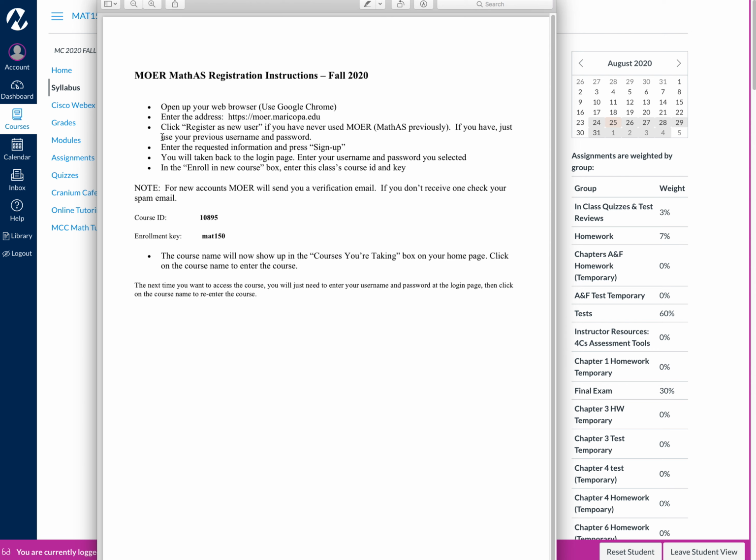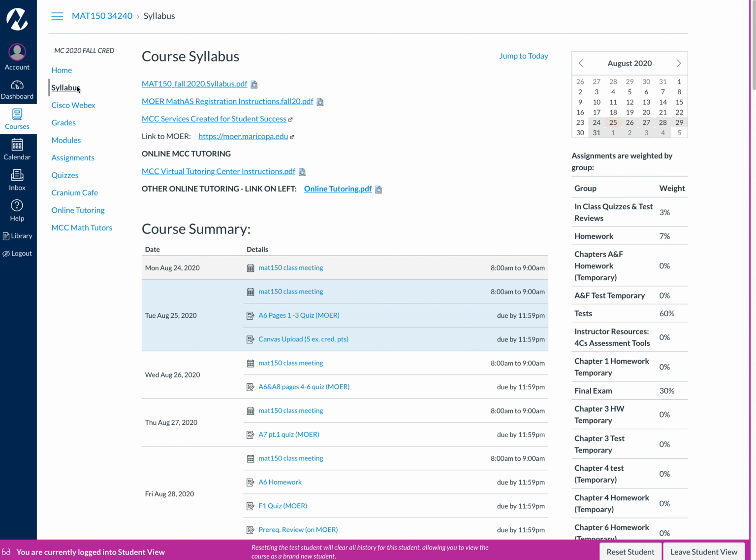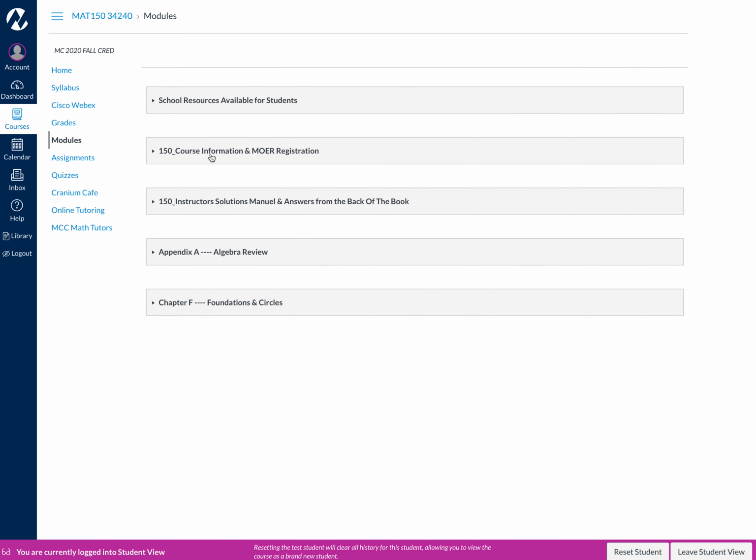But Chrome has become my friend because I've had more problems with my other browsers there. And then here's what you need. Here's your course ID and enrollment key into more. You also will find that in modules under course information and more registration.